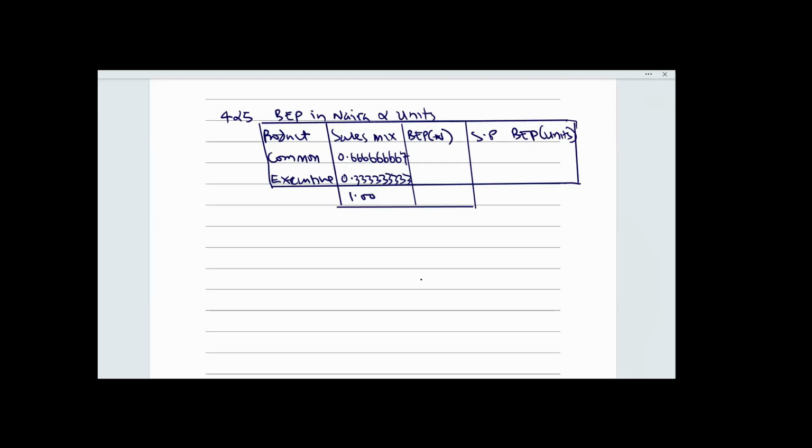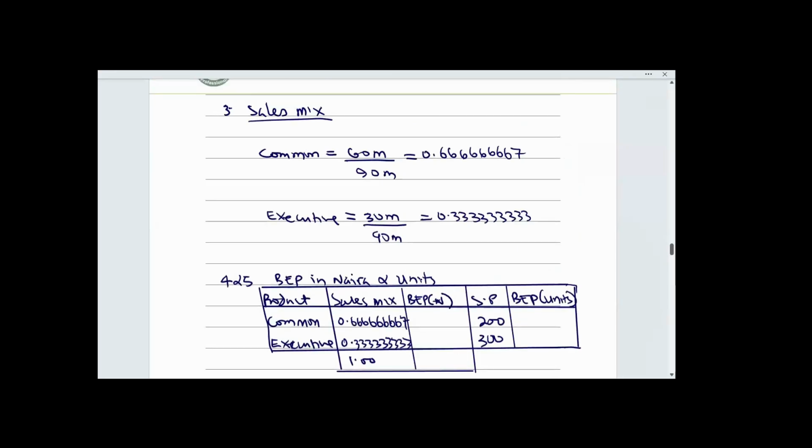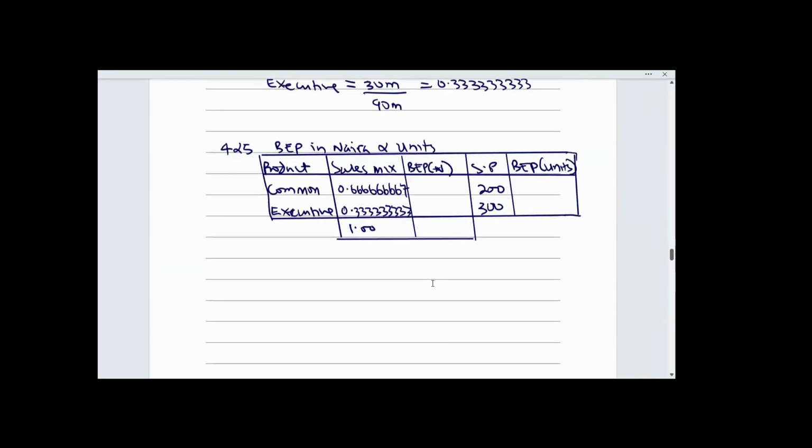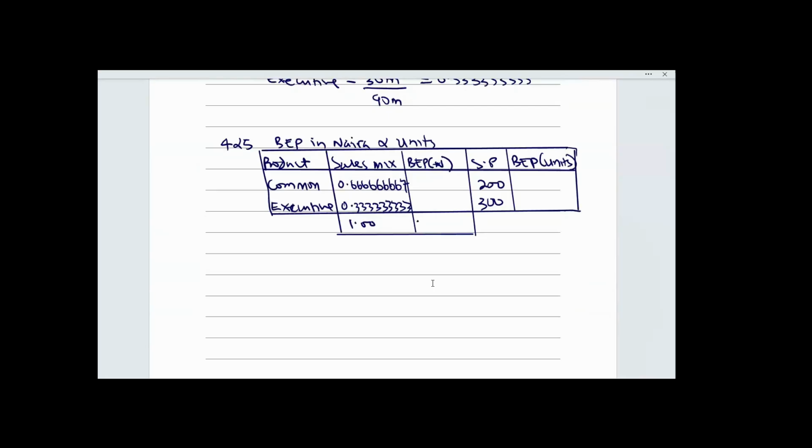So the selling price of common is 200 Naira. Selling price of executive is 300. We want to share 36 million Naira between common and executive.